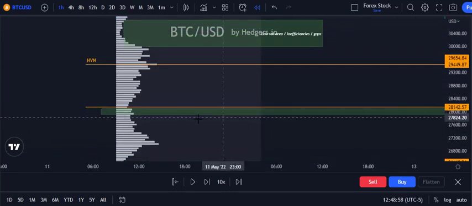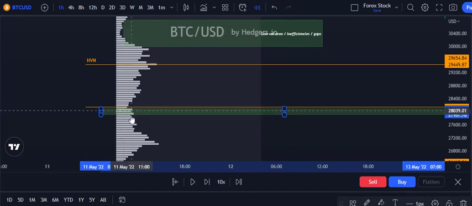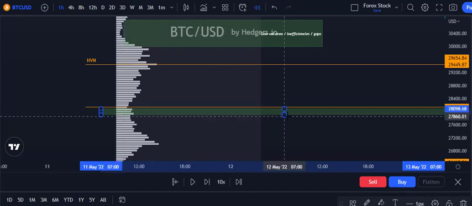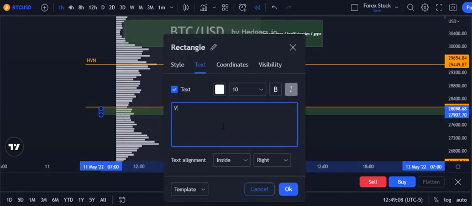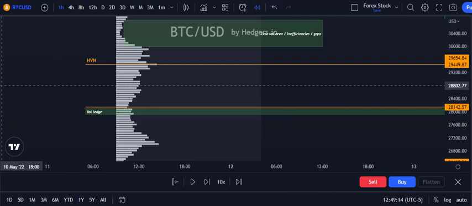Whenever you see two or more volume bars together, it is known as a volume ledge. That is your volume ledge area.